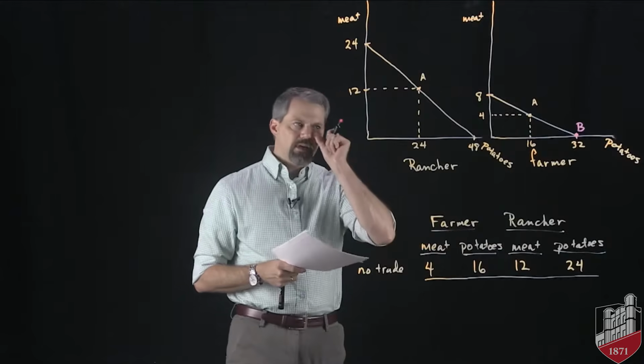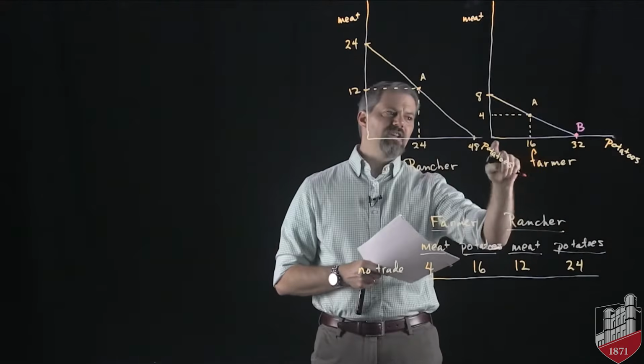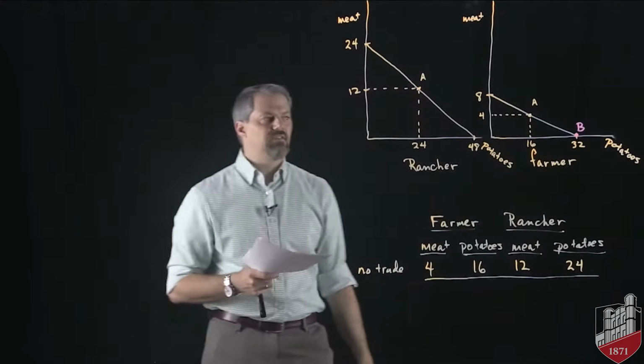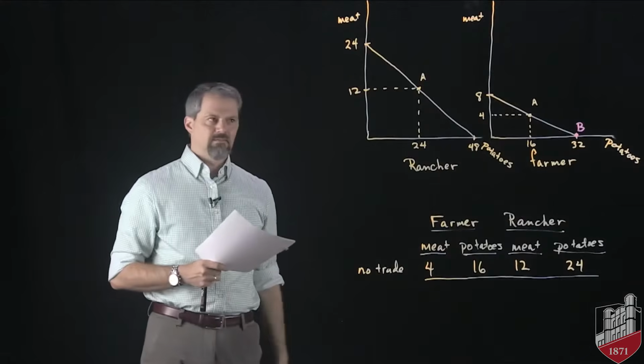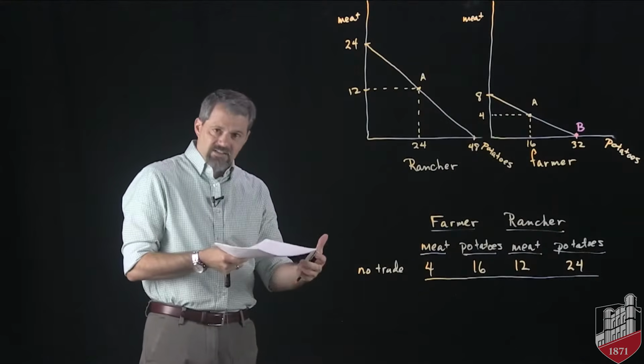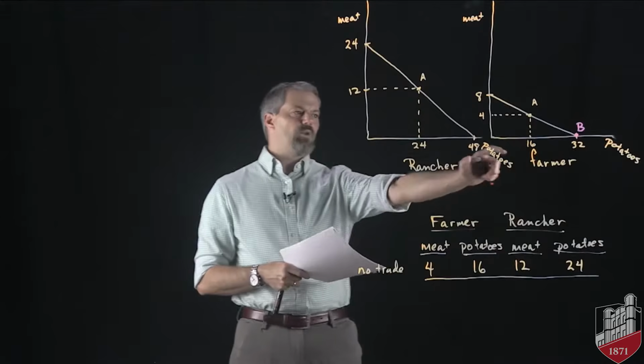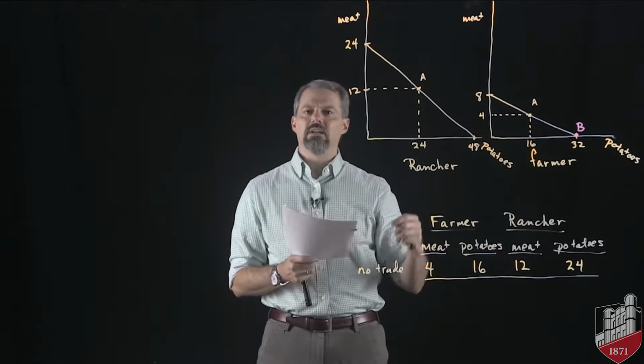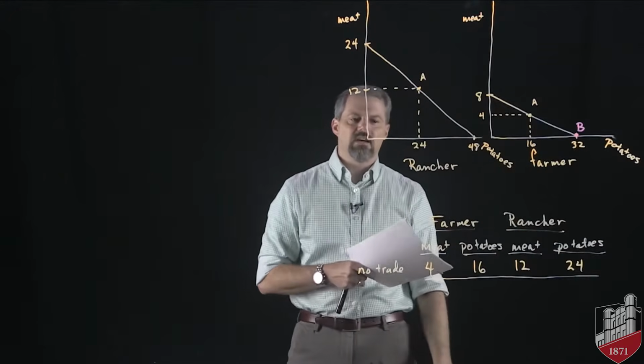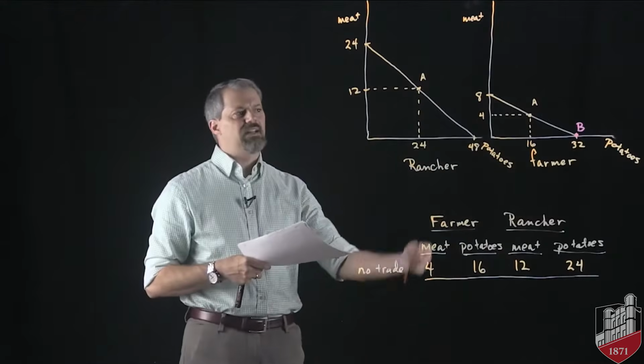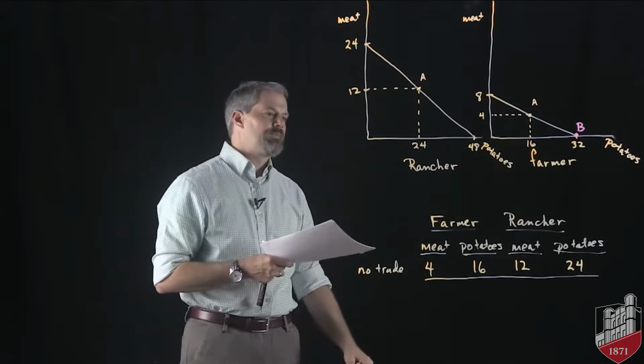So the farmer each day is going to produce 32 ounces of potatoes, no meat. Now that obviously at the end of the day is going to leave the farmer with a bunch of potatoes and no meat, but the second part of the rancher's plan is that they engage in a trade.